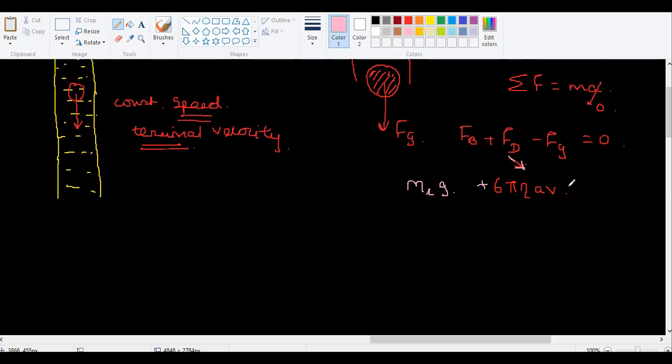Here I'm going to put a plus. This minus goes to the other side, so it will be m into g. This m stands for the mass of the steel ball. This m_L stands for the mass of the liquid displaced by the steel ball. Mass can be written as rho_L into V.